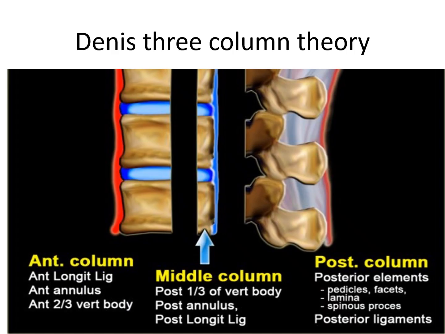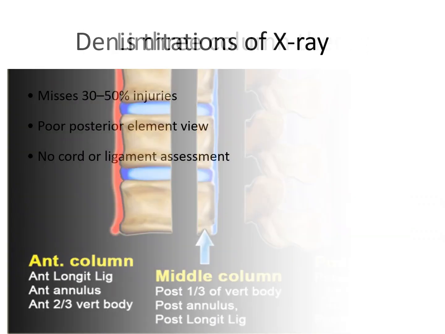The middle column includes the posterior 1/3 of the vertebral body, the posterior annulus, as well as the posterior longitudinal ligament, denoted by this blue line. And the posterior column includes the posterior elements, that is the pedicle, facet, lamina, spinous processes, and the posterior ligaments.